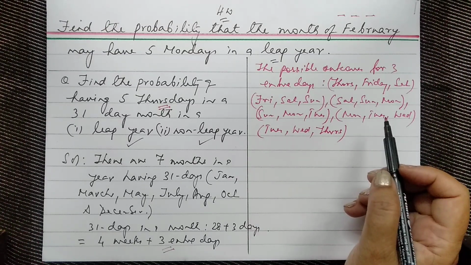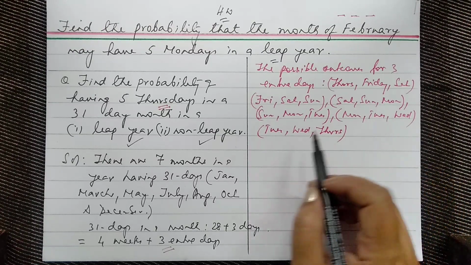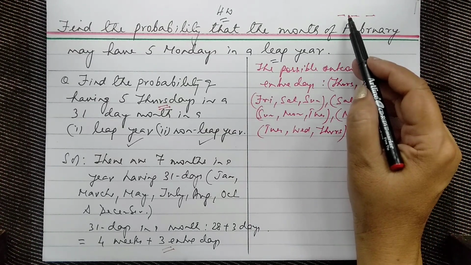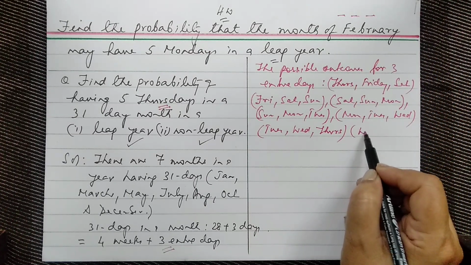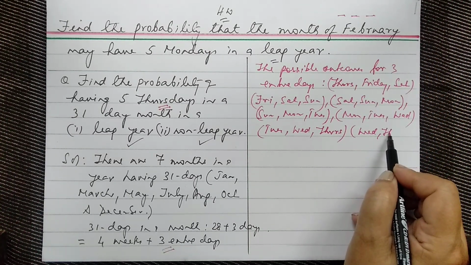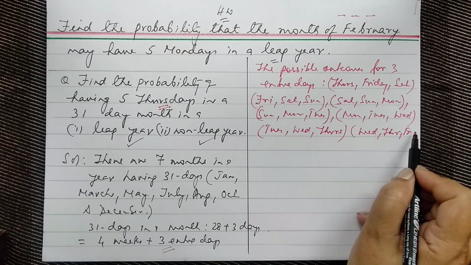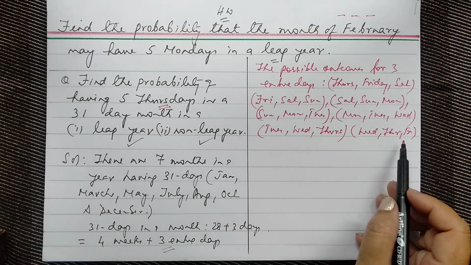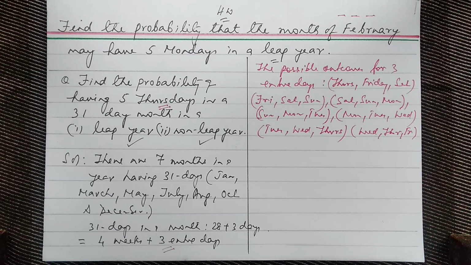But do we have to stop now? No, we can't stop now because we'll go further. If there was Wednesday here, we'll have Wednesday, Thursday and Friday. So Wednesday, Thursday, Friday could also be another possible outcome.